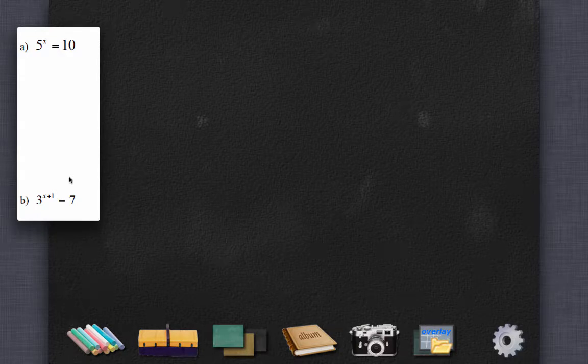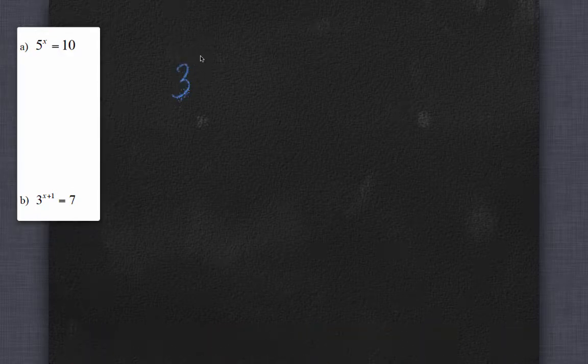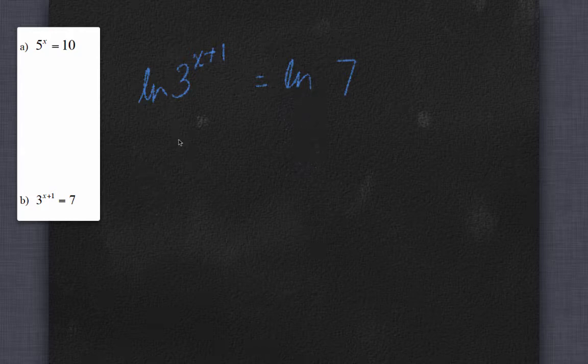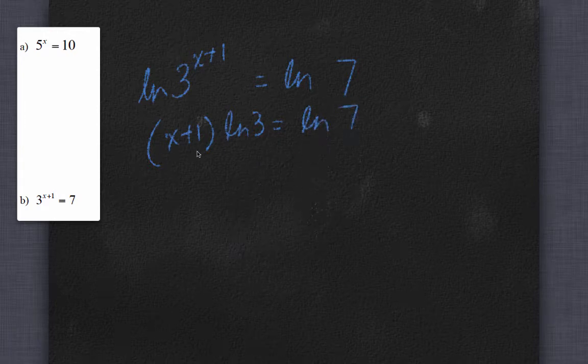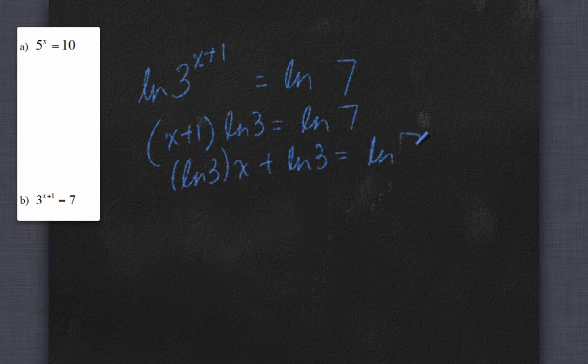Okay, so for this one, again, the exponential expression is already isolated. So I can take natural logs on both sides, bring this down. So I've got x plus 1 times something equals something else. So I need to distribute. Natural log 3 times x plus natural log 3 is natural log 7.